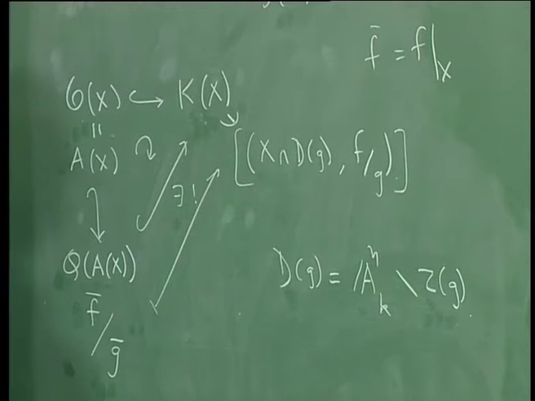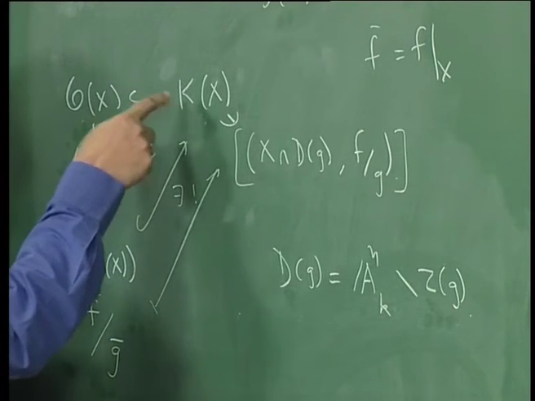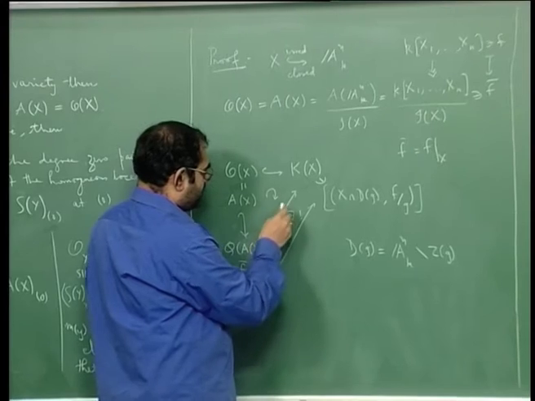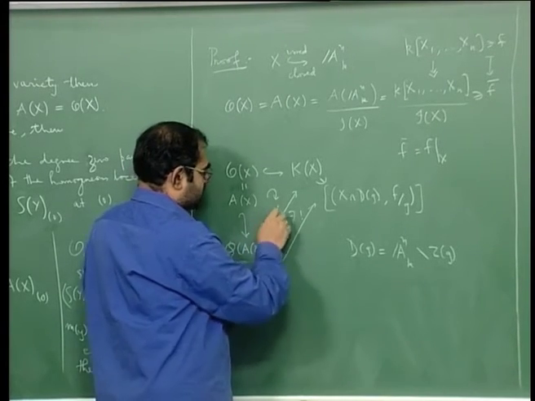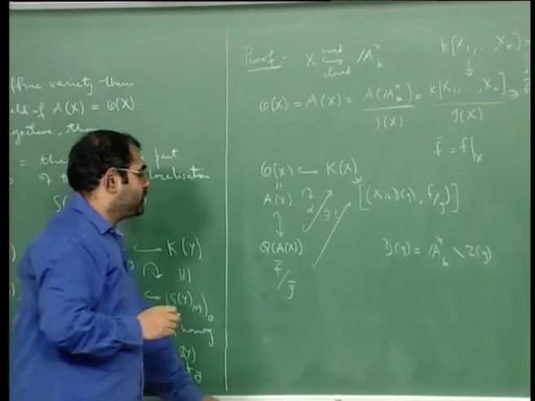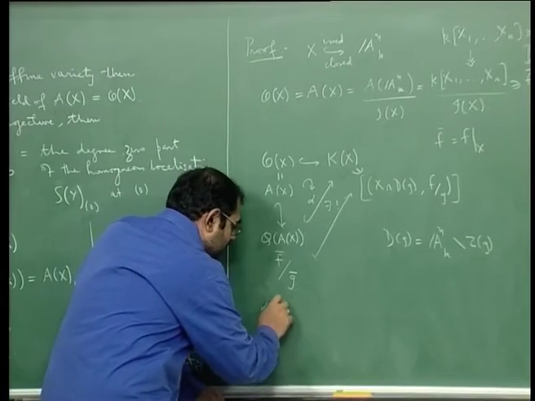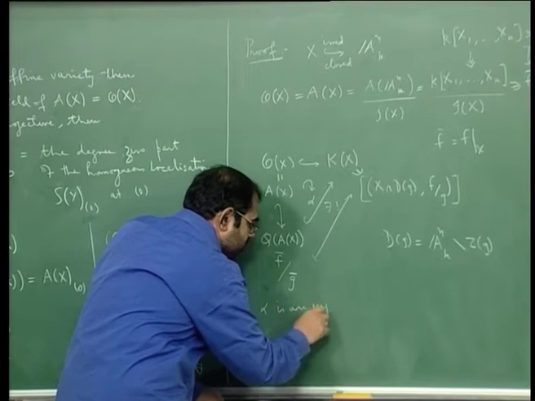And how do I show that this is surjective? Well, let me call this map alpha. So alpha is an injective K algebra homomorphism.